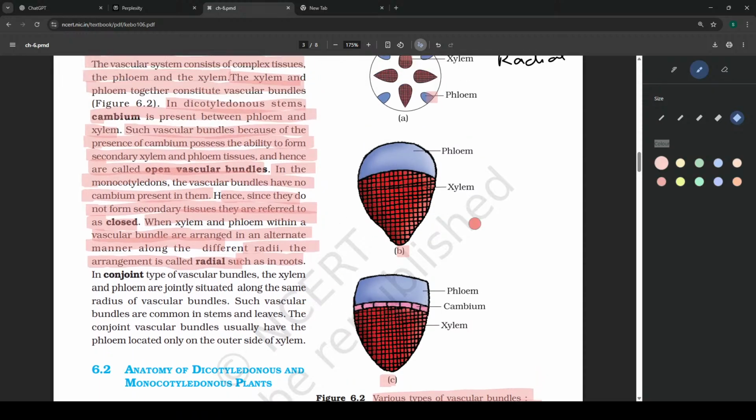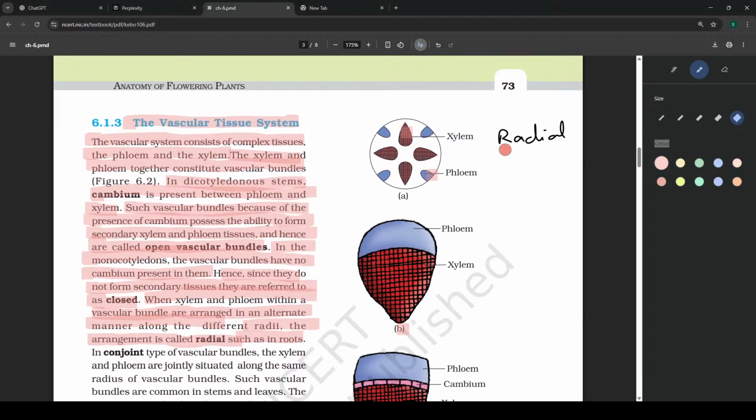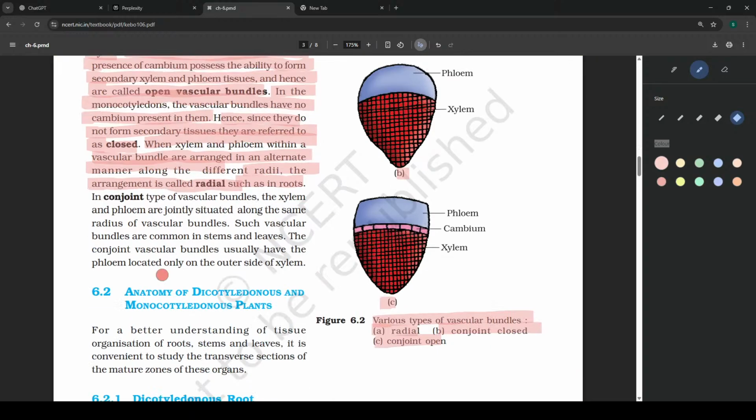As for the radial, when xylem and phloem, these two tissues, are arranged in an alternate manner, like here, if we see first xylem, phloem, xylem, phloem, xylem, phloem. There is an alternate manner along the different radii, the arrangement is called as radial. This is seen in roots.